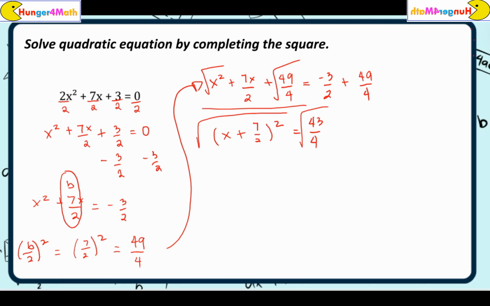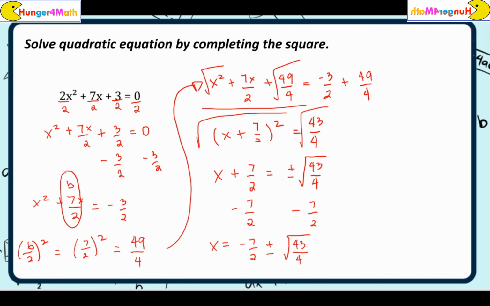That will be x plus 7 over 2 is equal to plus or minus the square root of 43 over 4. Now we're going to subtract 7 over 2 from both sides of the equation. So our x is equal to negative 7 over 2 plus or minus the square root of 43 over 4.